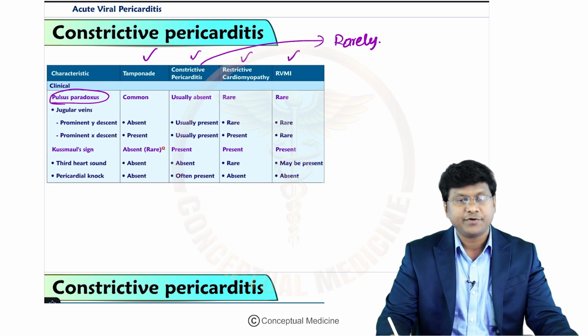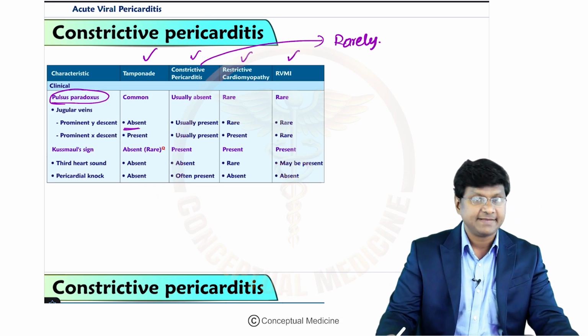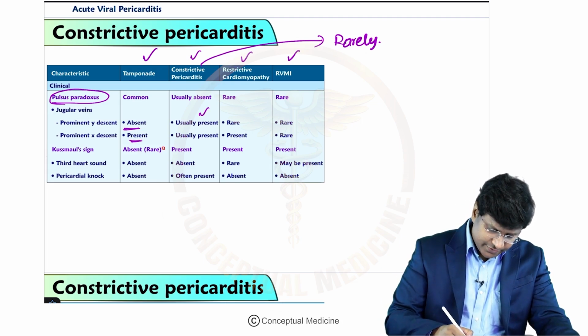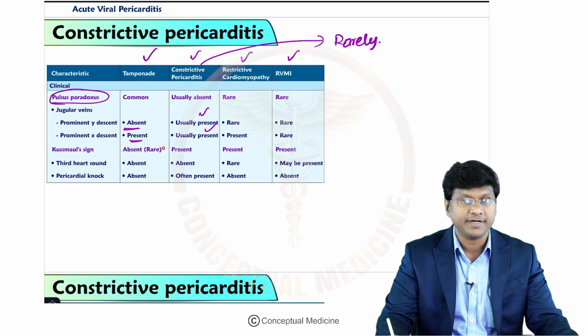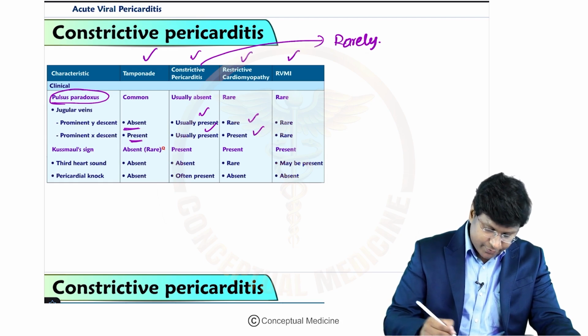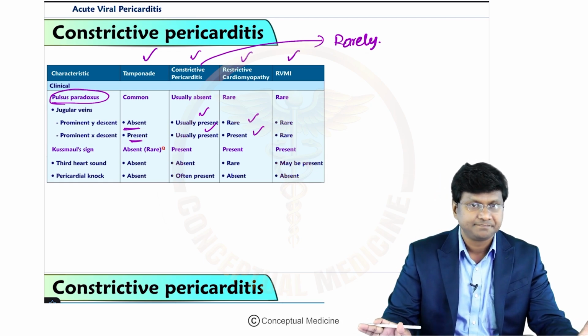If you take the JVP finding, in cardiac tamponade, the Y descent is absent and the X descent is present. In constrictive pericarditis, both of them are prominent. Whereas in restrictive cardiomyopathy, a prominent Y descent is rare, it may be present, and a prominent X descent is present. And in right ventricular MI, both of them are rare.